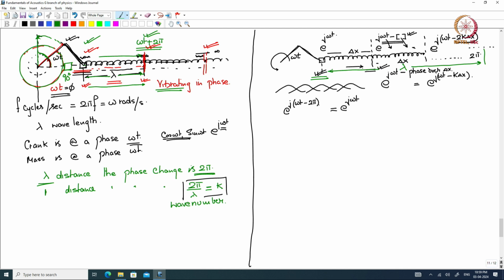Okay. So, now I can make this delta x a continuous variable, so that every point has a phasor description e to the power of j omega t minus kx. Now, kx is no more increments of delta x, it is a continuous variable.